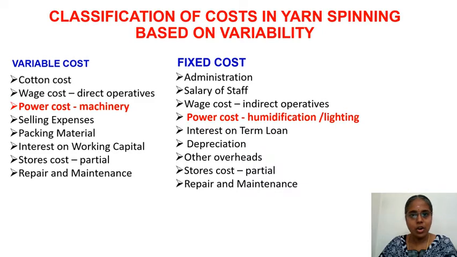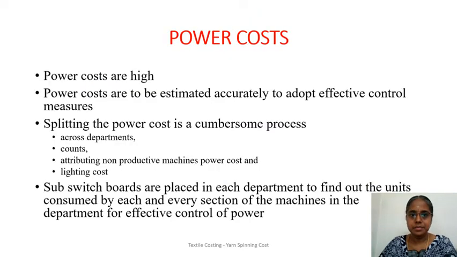It changes according to the quantity of the yarn produced, whereas the humidification and lighting costs are going to be fixed whether you produce less or more. So this is a classification. You can tell that the power cost is a semi-variable cost. Partially it is variable and partially it is a fixed cost.